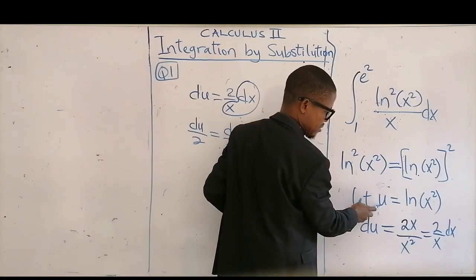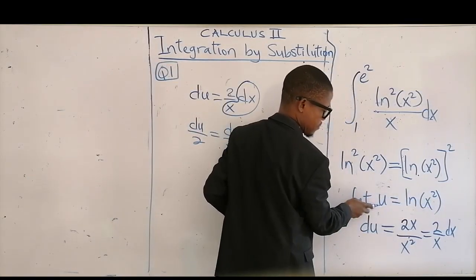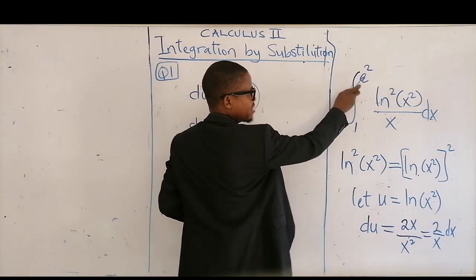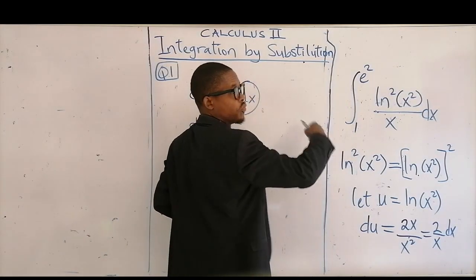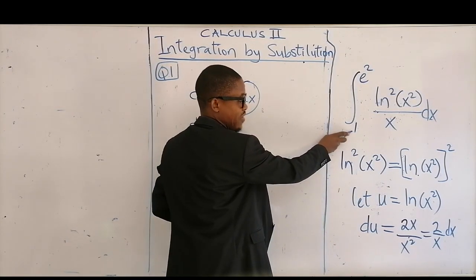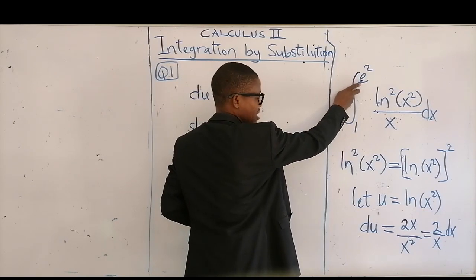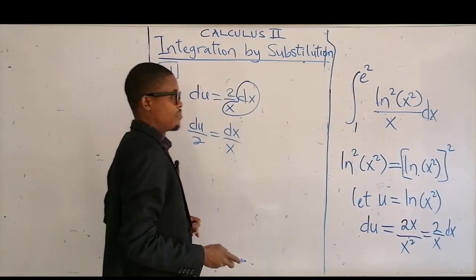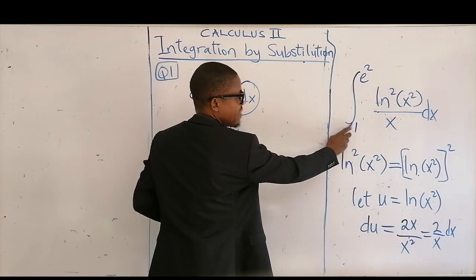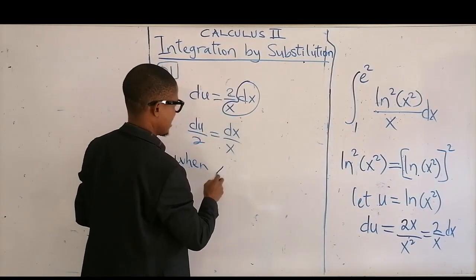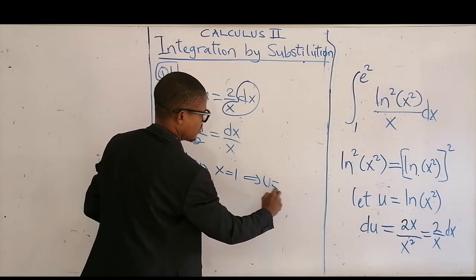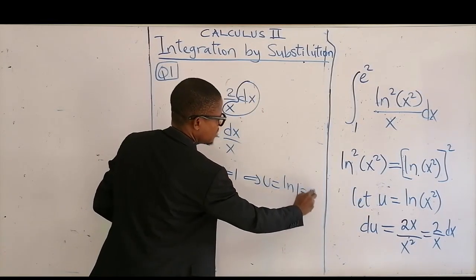Then we did something here. We changed the variable from x to u. So in that case, we have to change the lower boundary and upper boundary to function u, because initially this is a function of x. X is 1 at the lower boundary. X is e to power 2 at the upper boundary. This is what we call the definite integral. So when x is 1, u is ln 1, and that's 0.